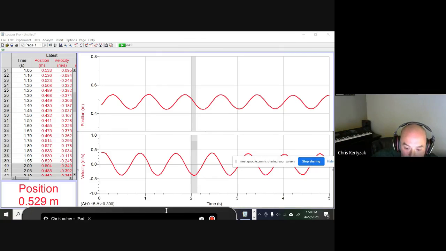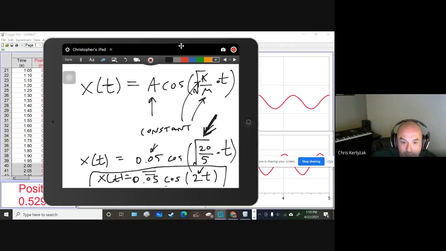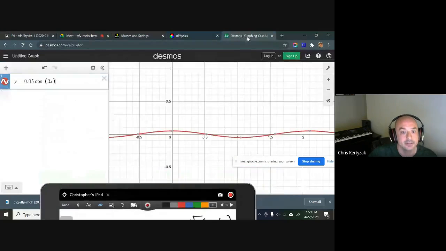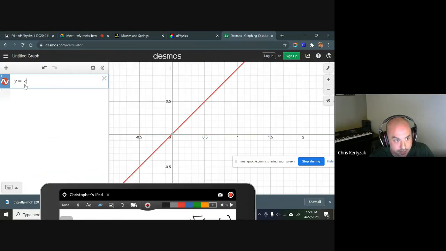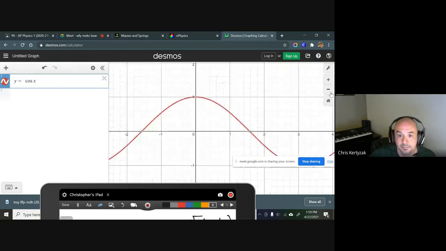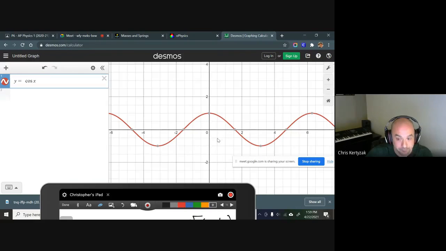If we go over to Desmos and take a look at what I'm talking about, let's just put a cosine function in, which we already used for the position graph. Wish we could do two of these, but like I said, if one of them is a max and the other one's a minimum, when the other one's a maximum, then they're out of phase by pi over 2.